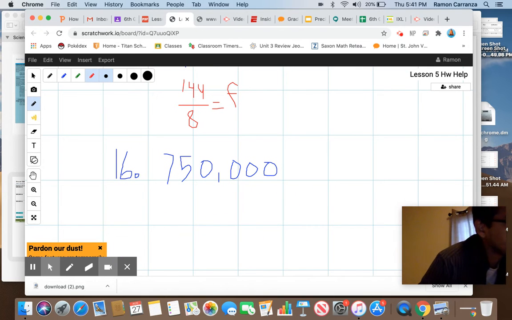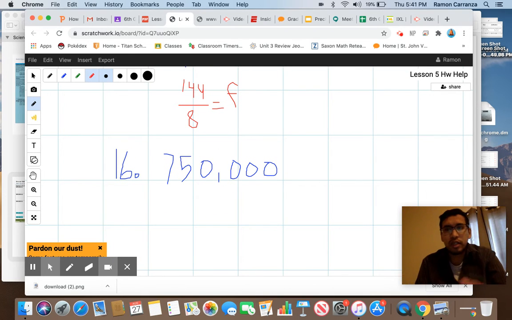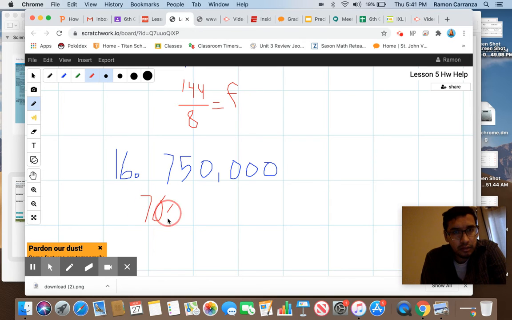For 16, we are being asked to write this in expanded notation. Before we can write expanded notation, we have to write it in expanded form, which is 700,000 plus 50,000.